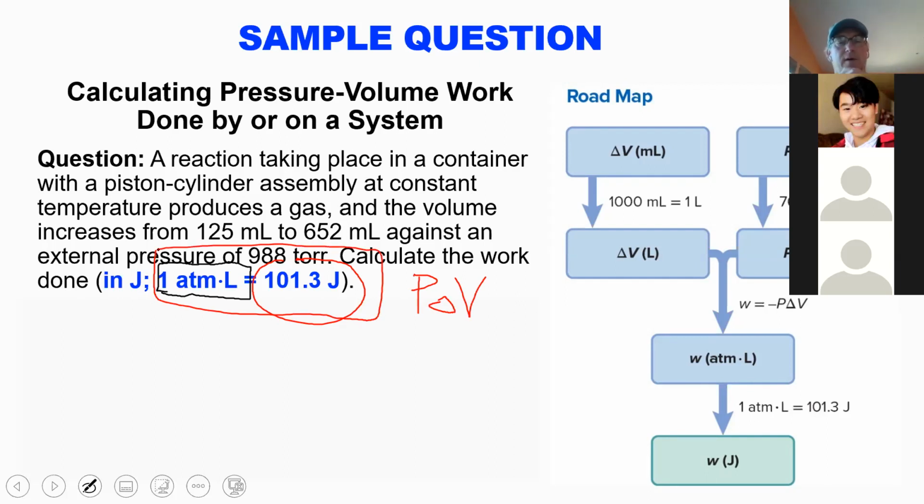Okay? So our reaction is taking place, we've got our old piston cylinder example, and we've got a constant temperature. So there's no change in temperature. So basically, if there's no change in temperature, what does that say for Q? What happens to Q if there's no change in temperature?